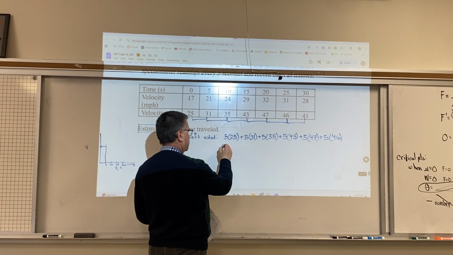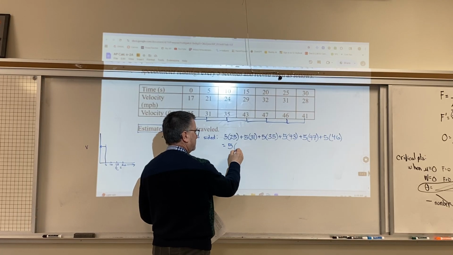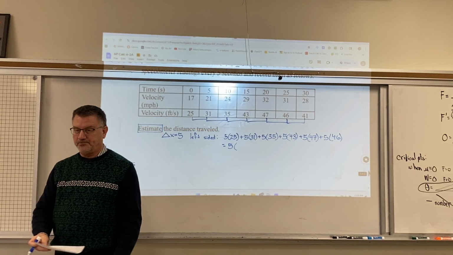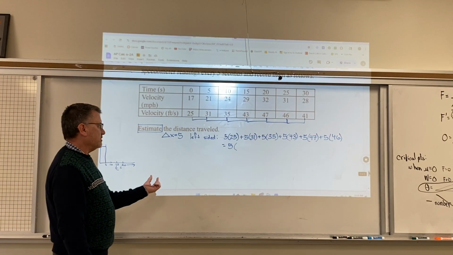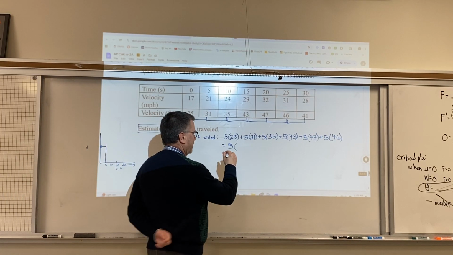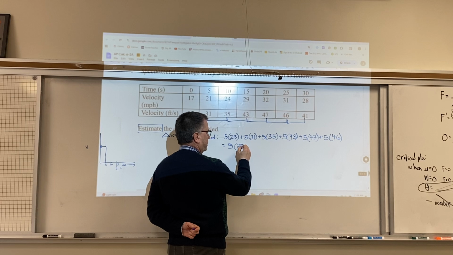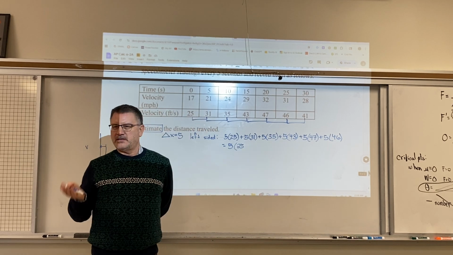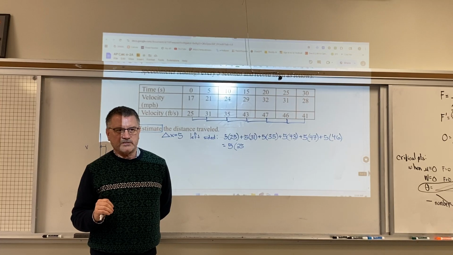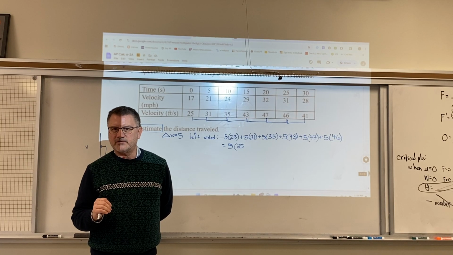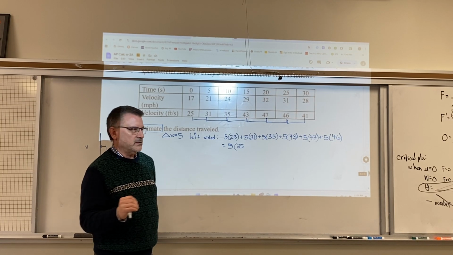Or what you could do is, hey, they're all the same width. I'm going to tell you something here. We get very used to pulling the width out front and adding all the heights together. I keep telling you guys, I love tables and graphs because I don't really have to figure a lot of stuff out.